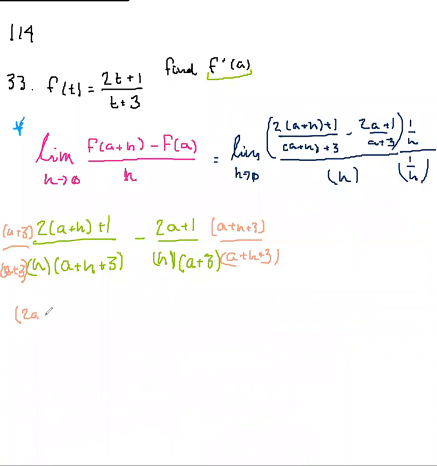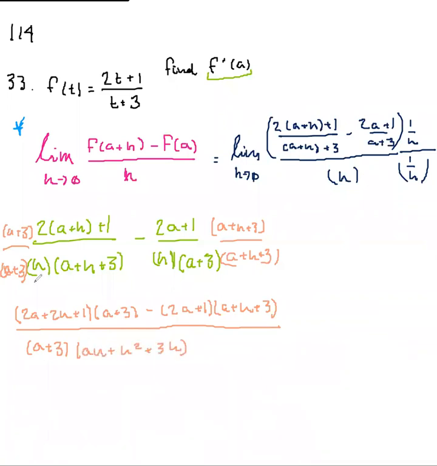We're going to have 2a plus 2h plus 1 times a plus 3, minus 2a plus 1 times a plus h plus 3, over the quantity h times a plus 3, and I'm going to start distributing right now. This will be a plus 3 times, because these are the same, so I can combine them, this will be ah plus h squared plus 3h, and I just distributed that h right there.